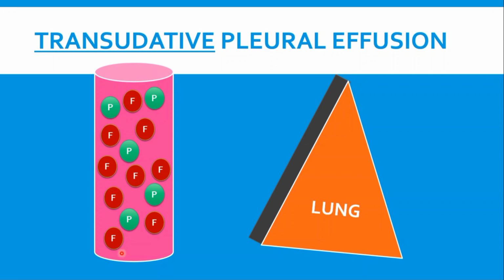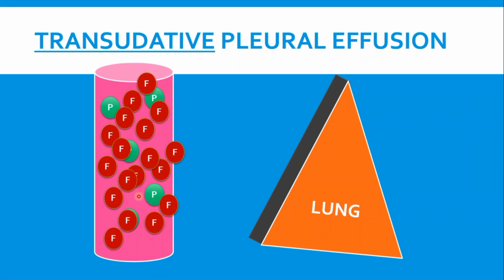What do you mean by high hydrostatic pressure? When the fluid inside the capillaries increases, the pressure inside the capillary will increase. That is high hydrostatic pressure. This can usually be seen in congestive heart failure.